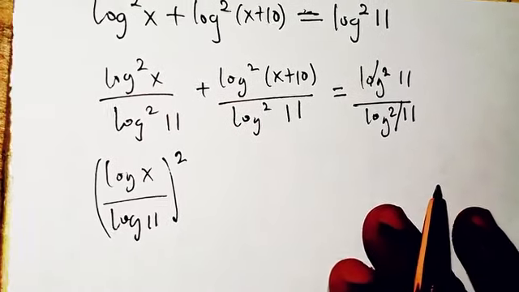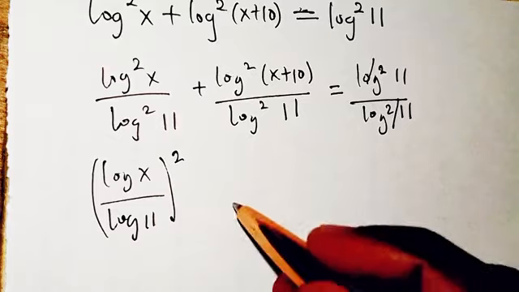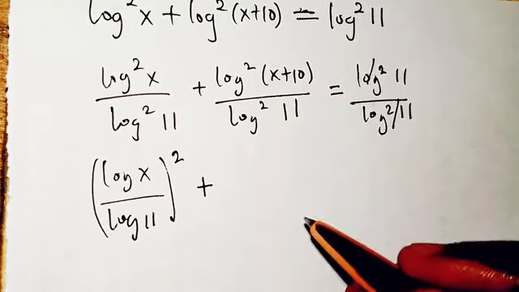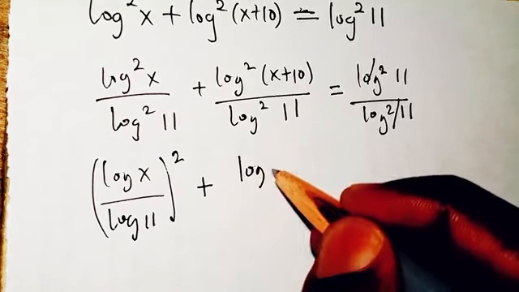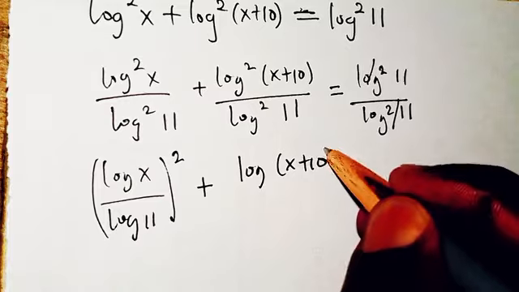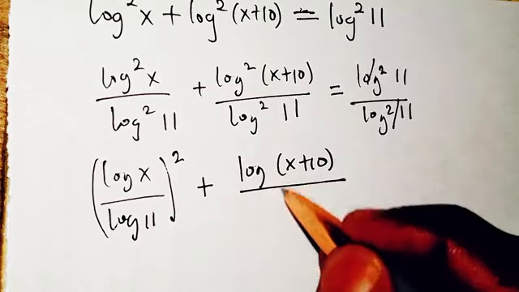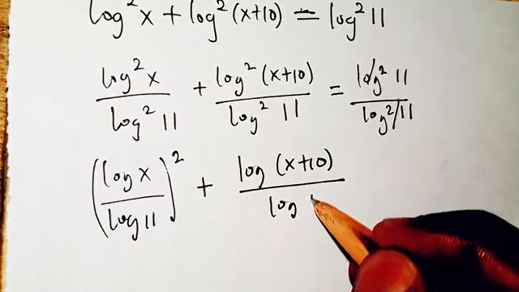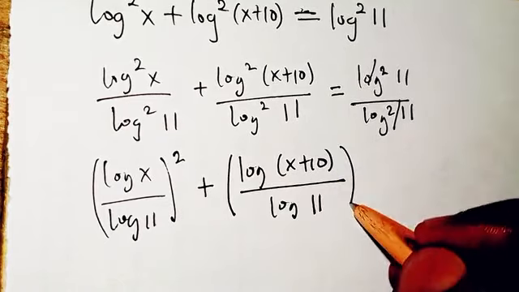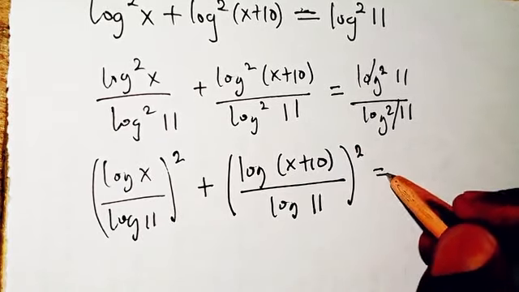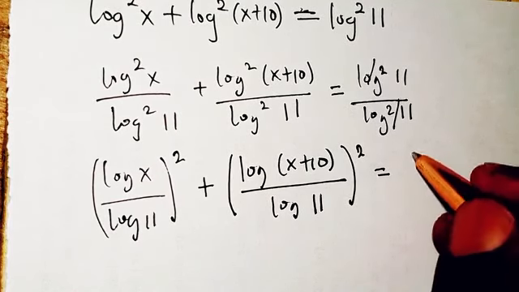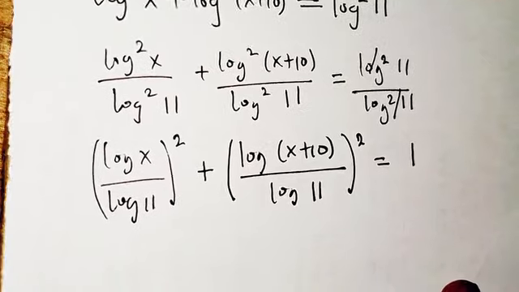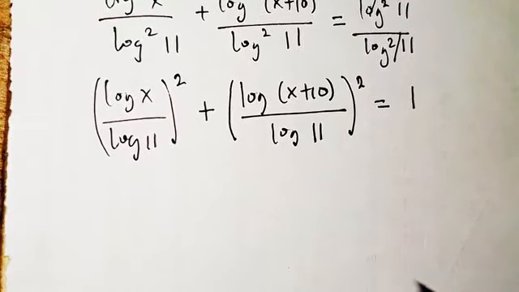Plus here we also have log (x plus 10) over log 11, then everything to the power of 2, and this equals 1. Alright, so we move on.